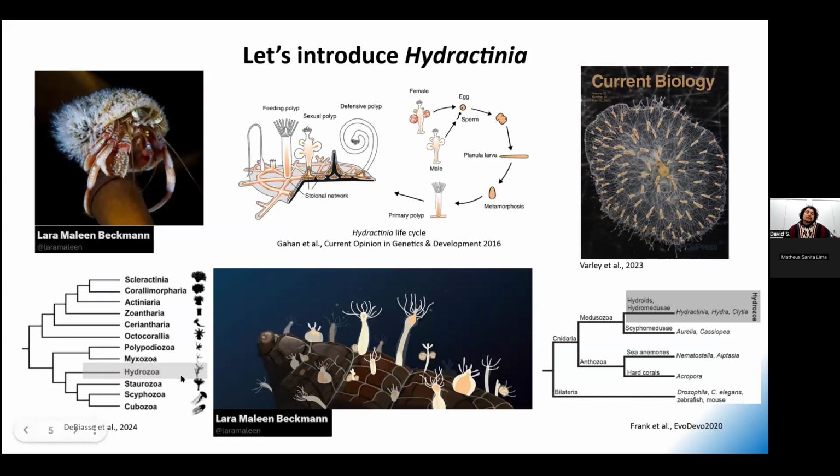In the wild, the colonies start forming when they settle and grow on the shells inhabited by hermit crabs. So it's not per se on the hermit crab exoskeleton, but on the shell that is inhabited by these crabs.